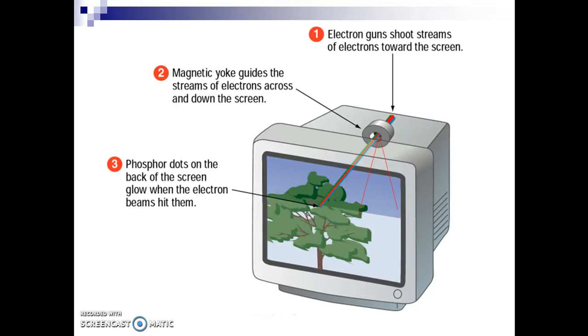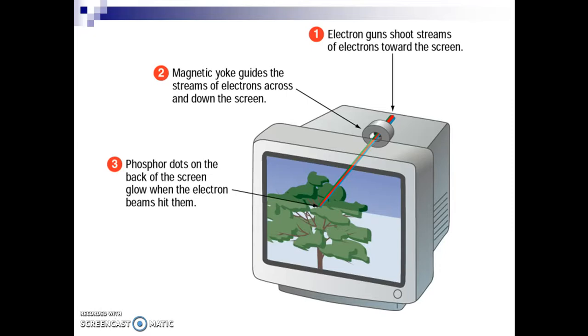And here's a nice little cartoon of what we're seeing. The electron gun shoots away from the cathode, past the magnetic yoke, which guides the streams of electrons across and down the screen. And as the electrons hit the phosphor dots on the back of the screen, they glow.